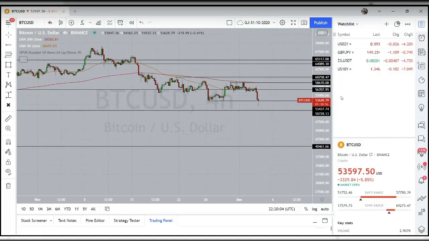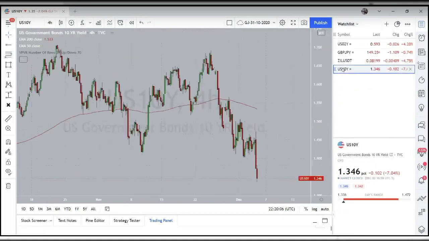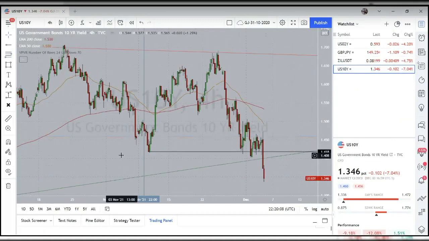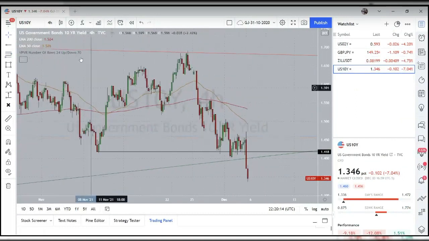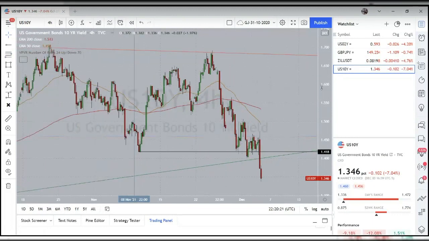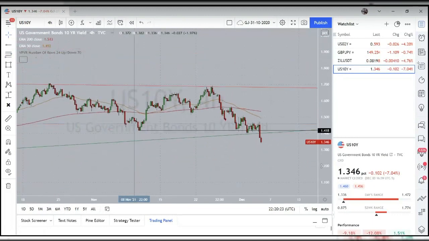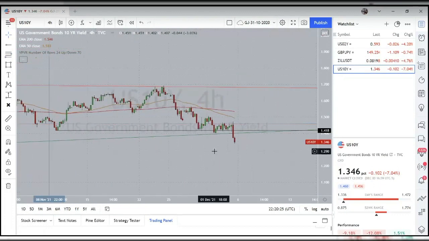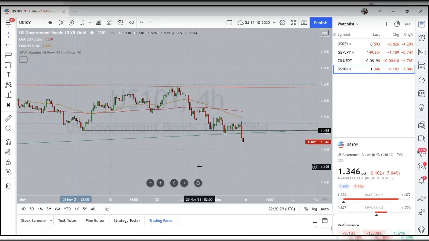I look at something called the US 10-year yields, and the 10-year yields are basically the US government bonds, how much each bond is yielding for this period, the 10-year period. So you hold a bond 10 years, it sounds a bit mad, but it gives you 1.3% if you hold it for 10 years.